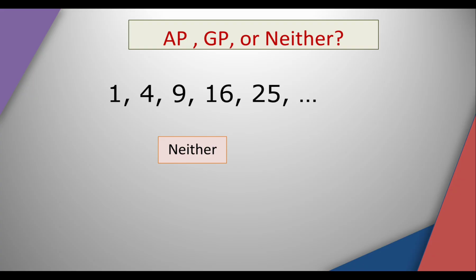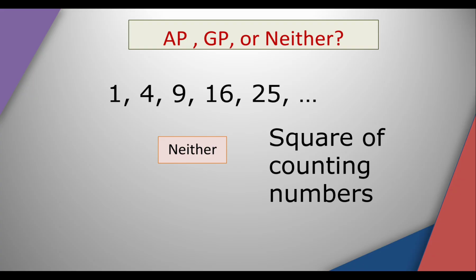So what then is the pattern here? Observe that all the terms are actually squares of the counting numbers starting with 1. 1 squared is 1, 2 squared is 4, 3 squared is 9, 4 squared is 16, 5 squared is 25, and we can still have 6 squared is 36, and so on.